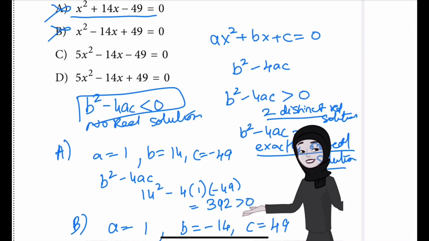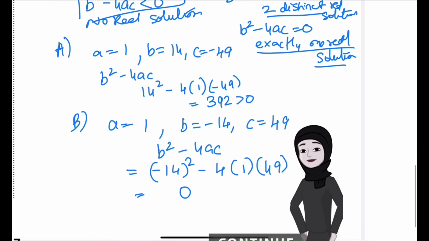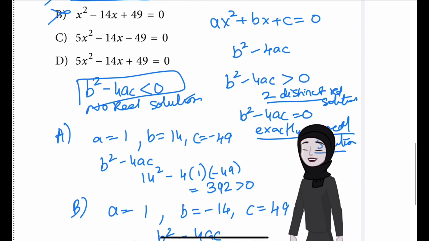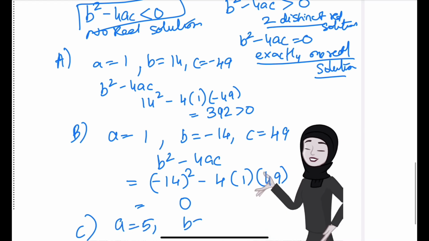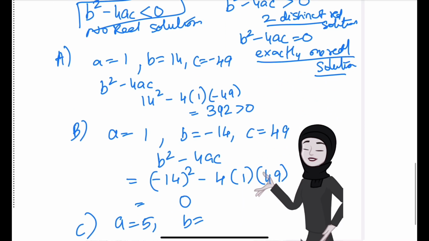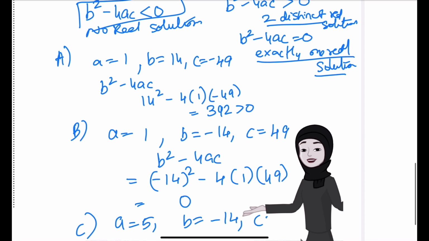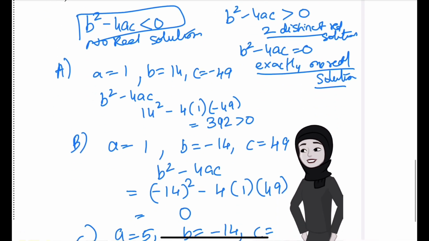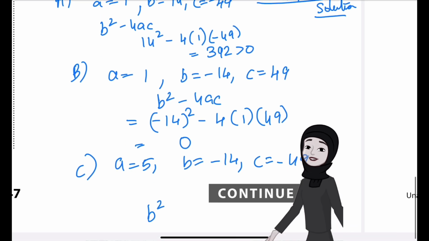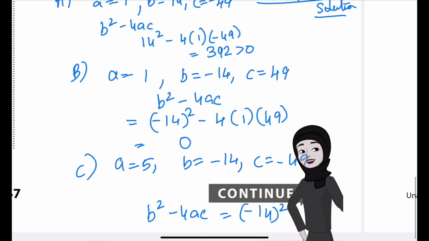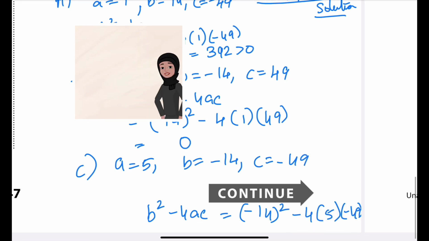Now we will check answer choice C. In answer choice C, a is equal to 5, b is equal to negative 14 and c is equal to negative 49. If you calculate b² − 4ac, we get (−14)² − 4 times 5 times negative 49.